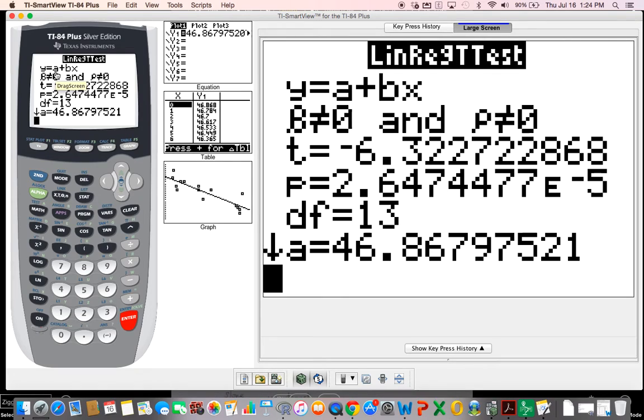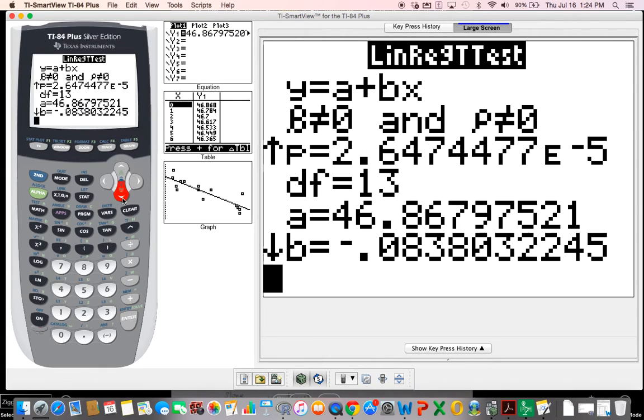A is our b0, b is our b1. Because b is the number that goes with the x, so it's the slope, and a is the number that goes without the x, so it's the intercept. And these values are given right here.